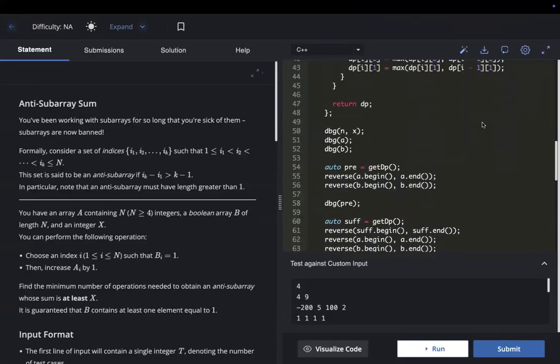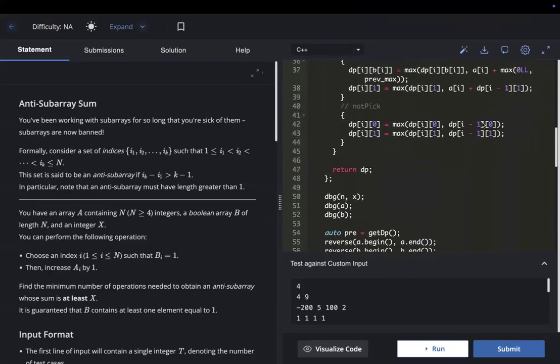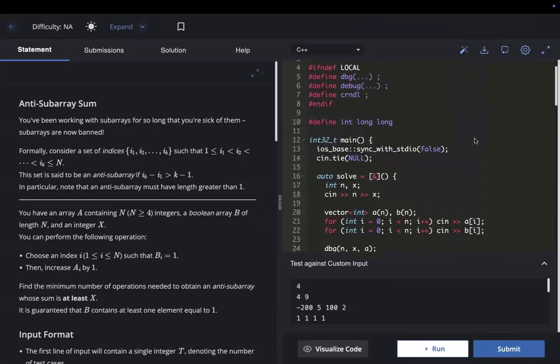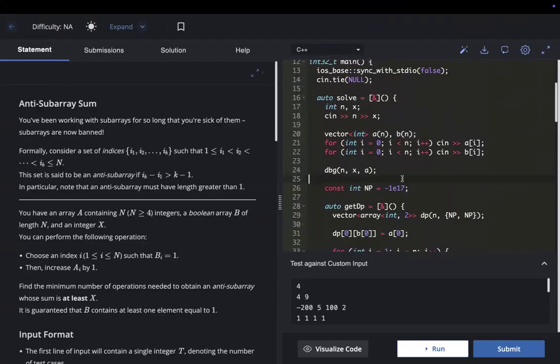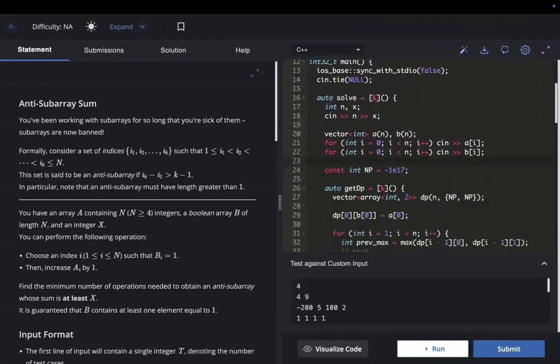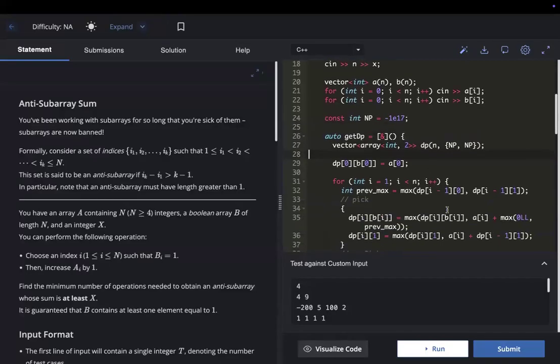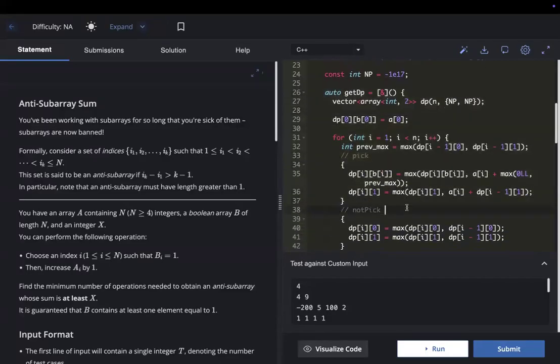So in my code, I think I have some stuff to remove first. Yeah, so I took the inputs first, then I created a function with the name getDP because I wanted to create two DP states, one for the prefixes, one for the suffixes.